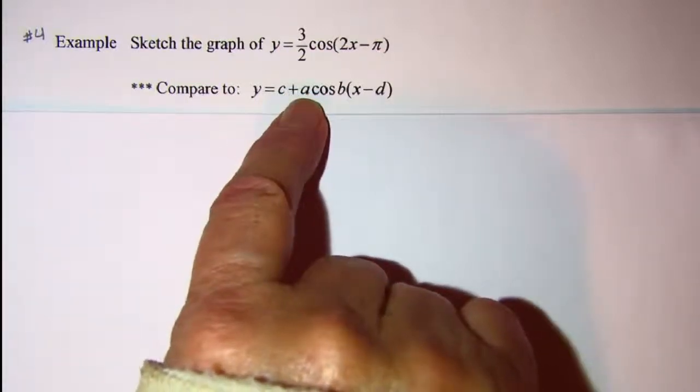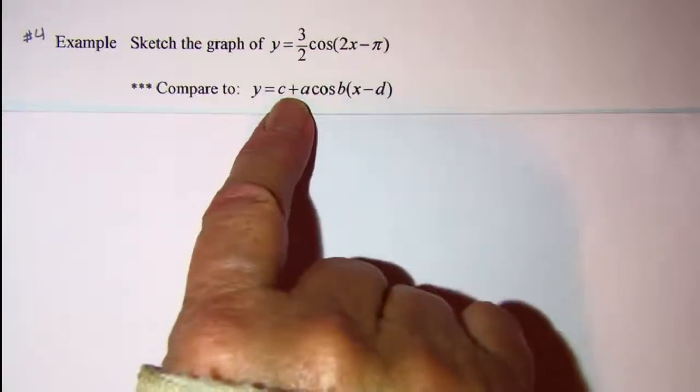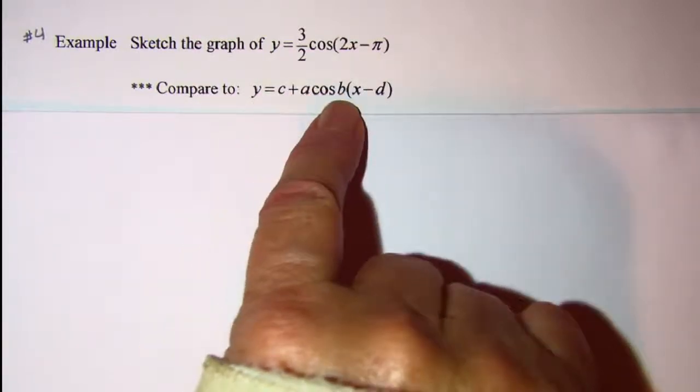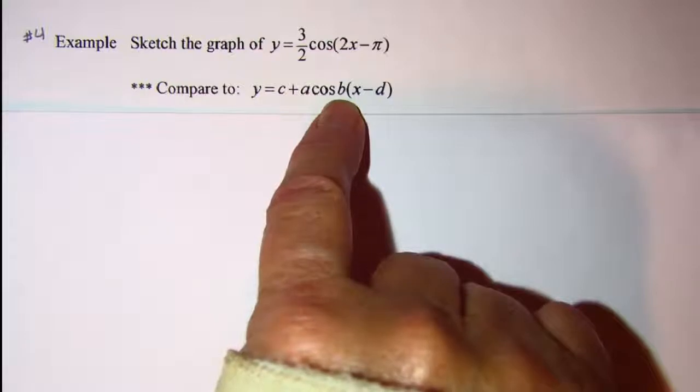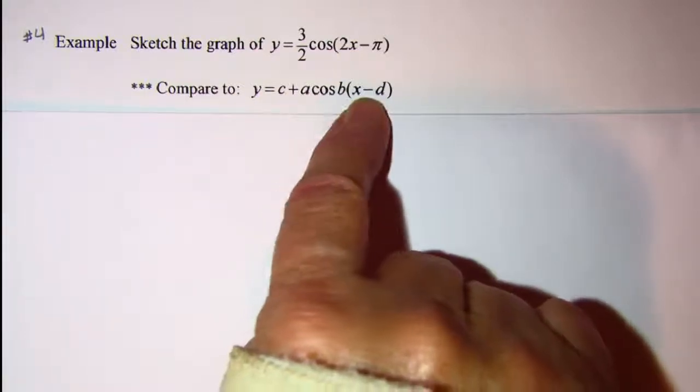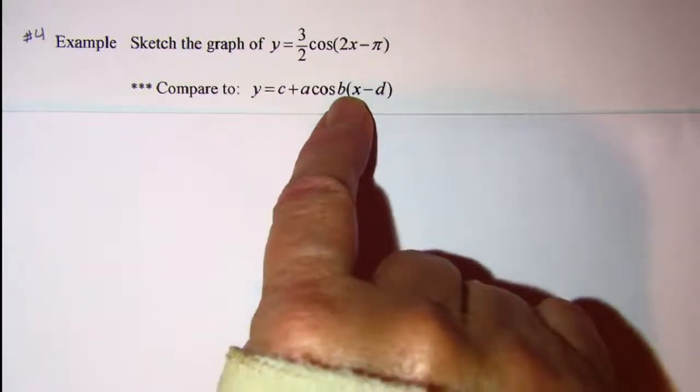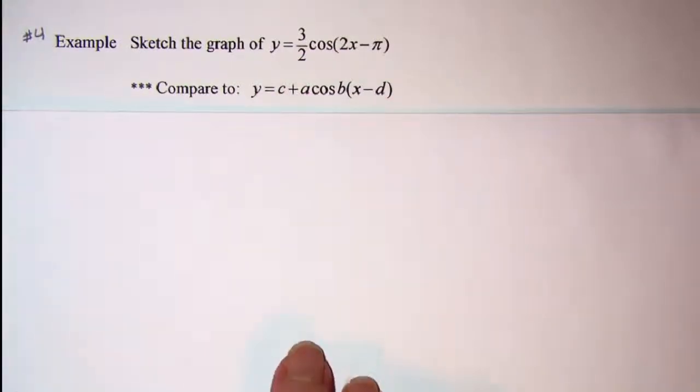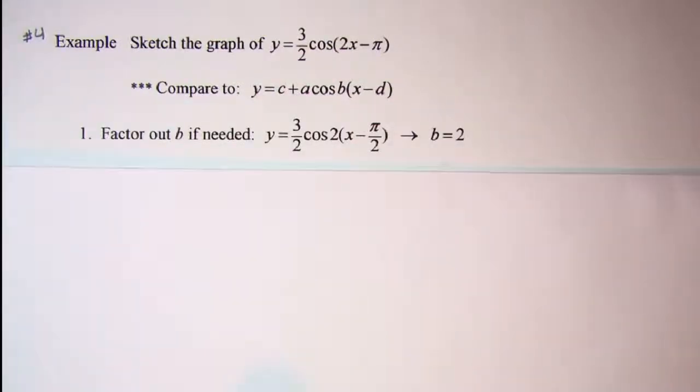The a value is 3/2, and we're going to need to factor out a b value so that we can get our period. So to start, let's go ahead and factor out b.